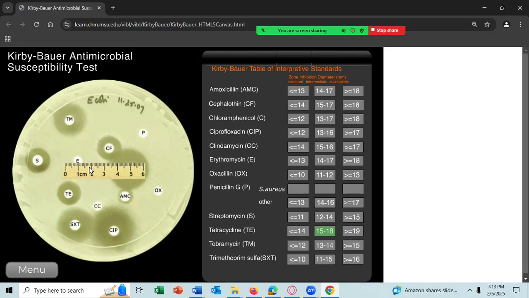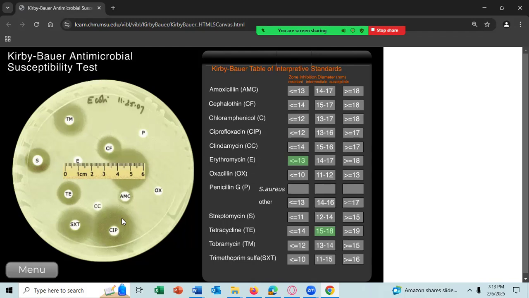Let's go there. Erythromycin. We're going to say 14 to 17. Incorrect answer, it'll give an X, a red X. Another incorrect answer, a red X. The correct answer there, it's less than 13, which means it's resistant. This is intermediate. This is sensitive.